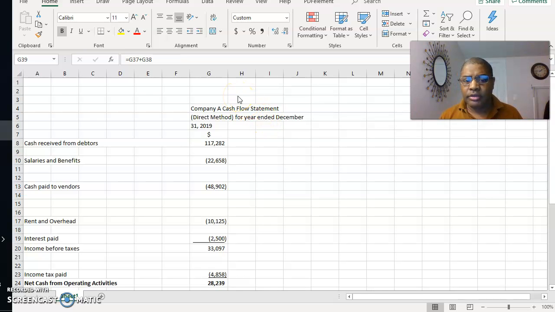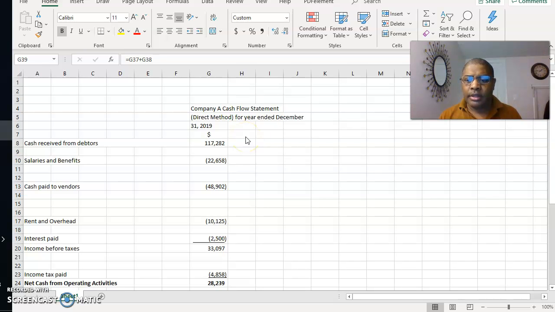The two advantages of the indirect method are, number one, that it is very easy to calculate, and number two, the users can see the link between the income statement, the balance sheet, and the cash flow, meaning that they can see how, in terms of the adjustment, and why it is different.